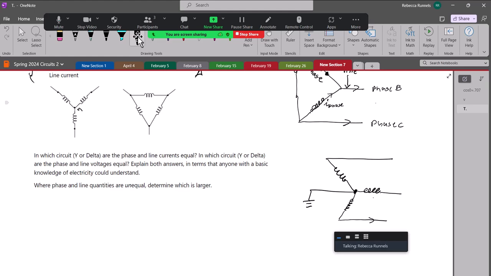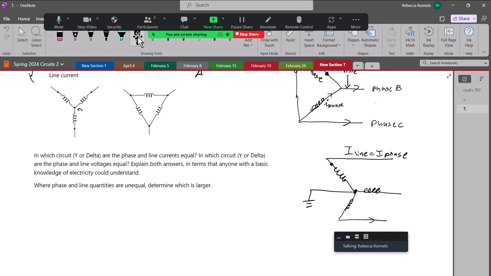And for a Y circuit, the I line equals I phase. And you can see how that's true because it's the same current going through the line as going through the phase right there.